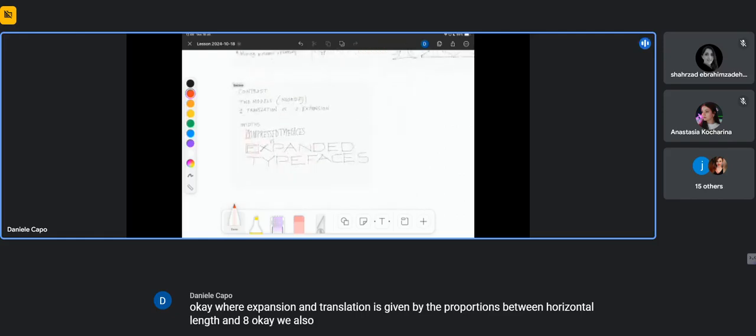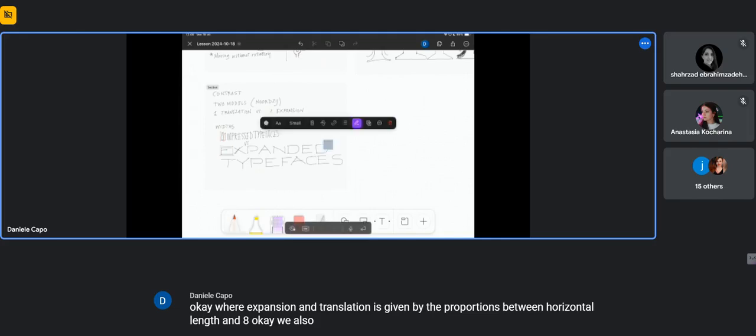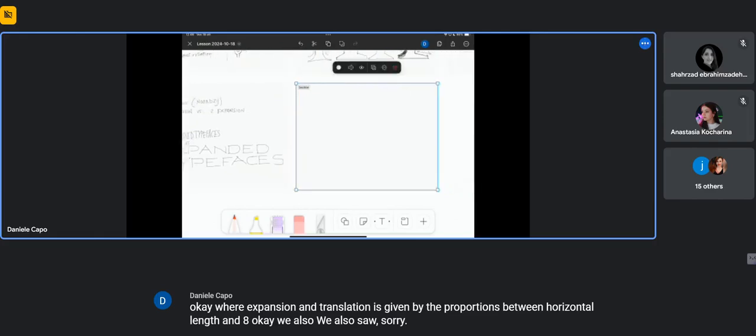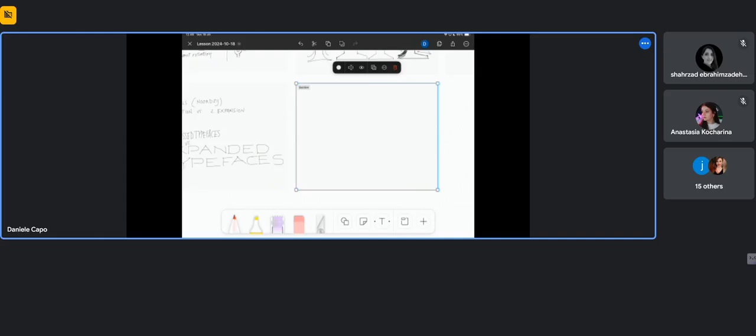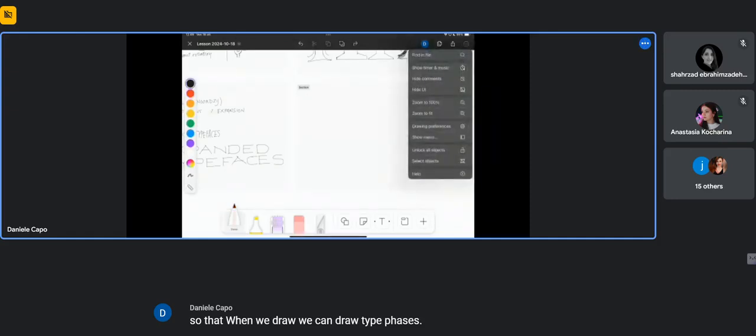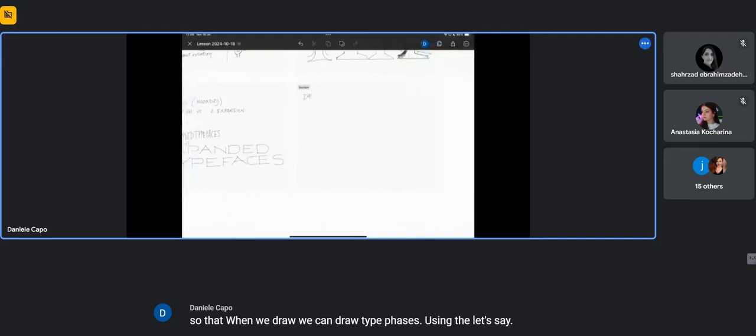We also saw that when we draw, we can draw typefaces using parts.